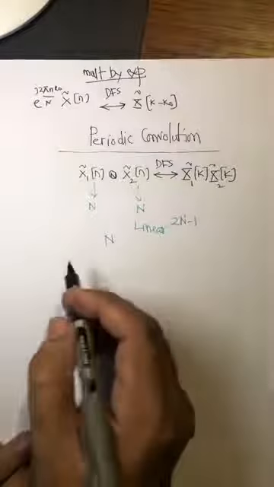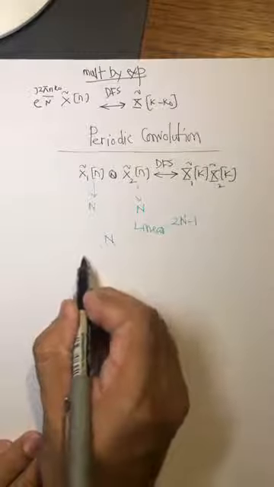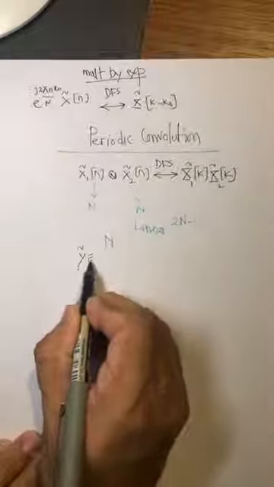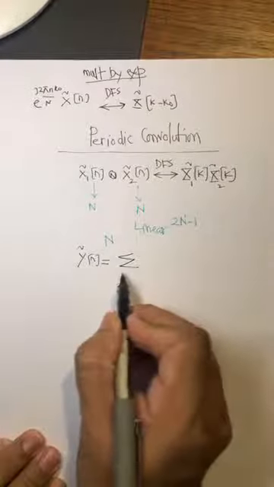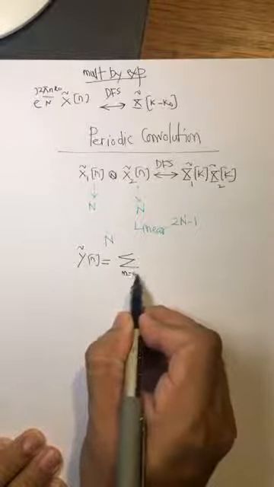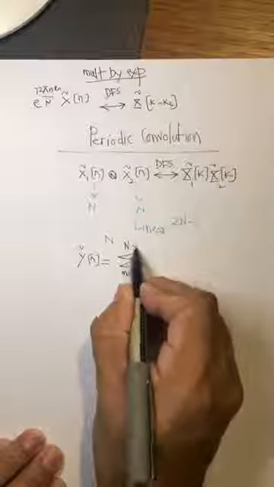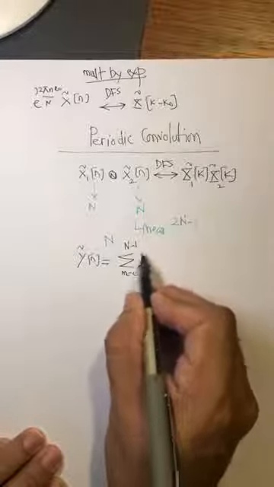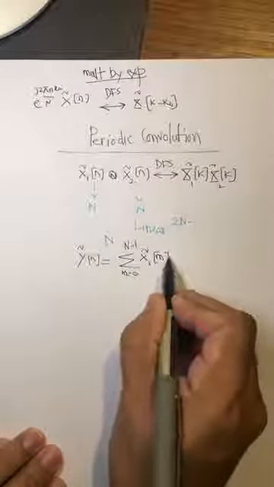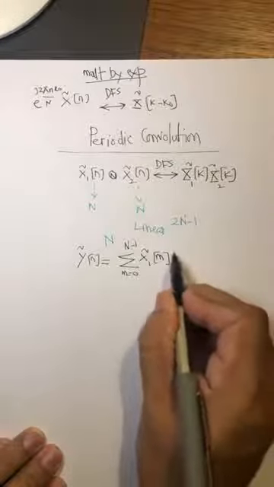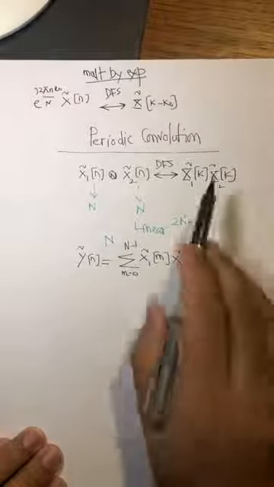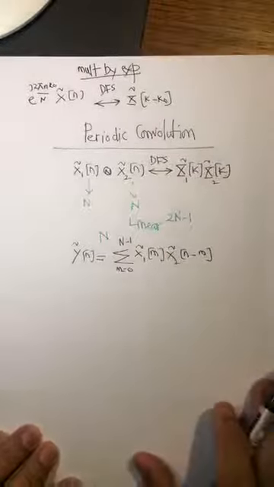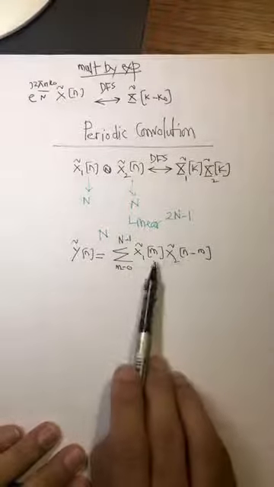So the formula for the convolution is, let's say this is y tilde of n equal to the sum over m from 0 to N minus 1 of x1 tilde of m times x2 tilde of n minus m. We are not using k because k is used for the frequency, so just to avoid confusion we are using another variable.